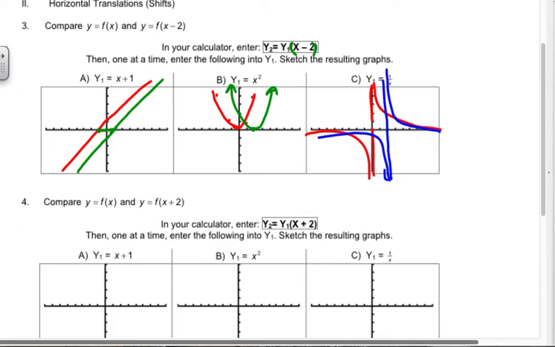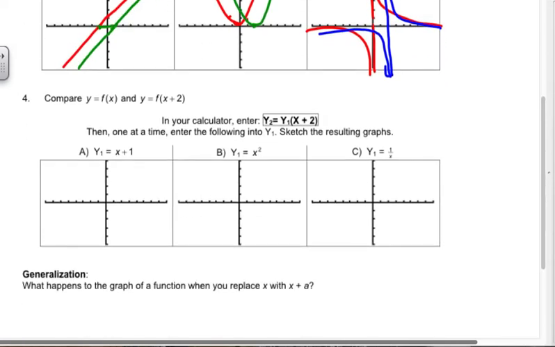All right. So the next thing we do then is we're going to go down and change y2. So now instead of subtracting, we're going to add. So you go into y2 and you put this in. Again, here's my parent function. Except that this time, when you graph it, you should notice that it's going to move it 2 units to the left.